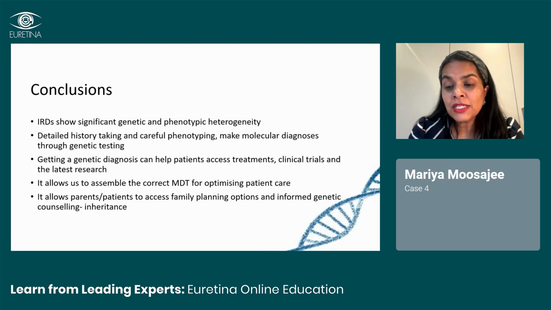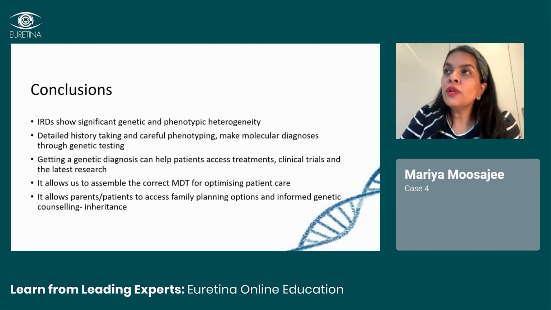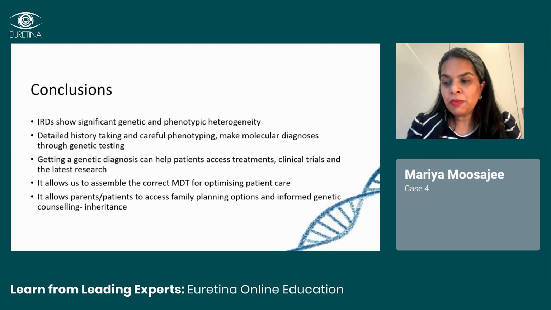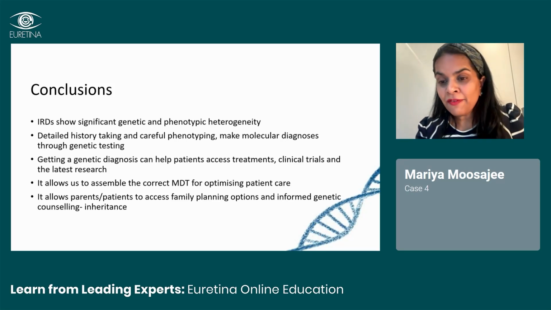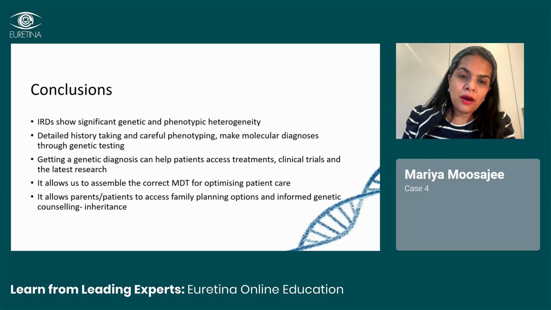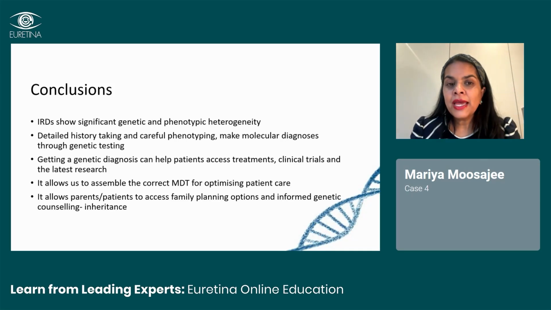And also, we're starting to move away from calling conditions retinitis pigmentosa or Stargardt's and actually calling it ABCA4 retinopathy or USH2A retinopathy, because it makes that condition more accessible, both from a research, clinical trials and treatment perspective, for genetic counseling, for, as I said, access to family planning.